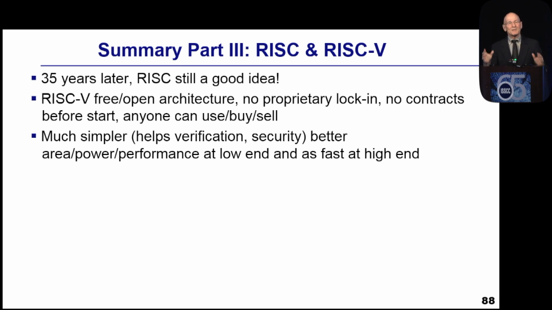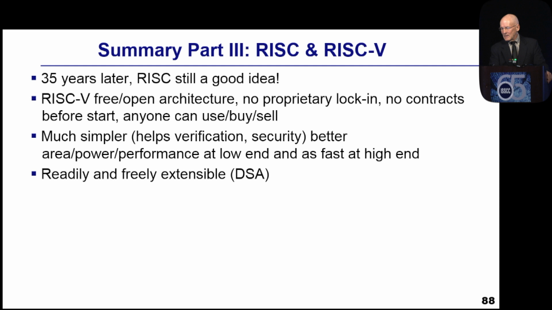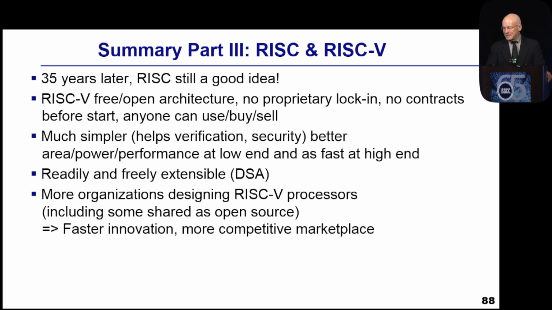As you get to a much bigger design, the instruction set plays less of a role, but you can have very fast implementations. It's very easily extensible, which we need for the domain-specific architectures. There are opcode set-asides. And a big difference is, right now with x86, there are two companies that build those, AMD and Intel. And if you don't have one of their badges, you can't design their processors.